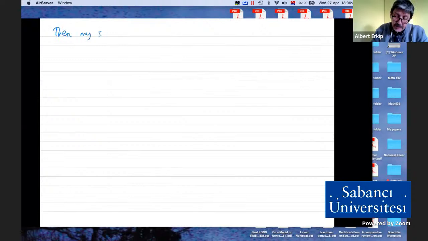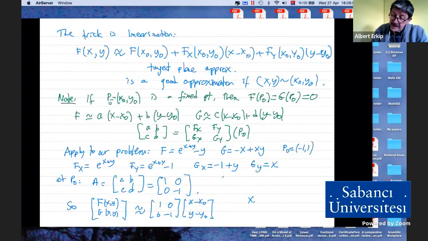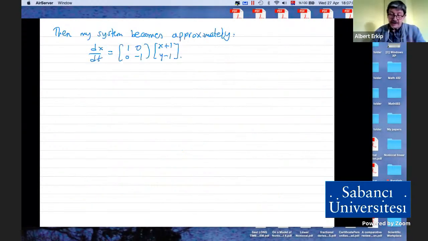My system becomes approximately dx dt equals 1, 0, 0, minus 1 times x minus x0, y minus y0. Now what was x0? Remember x0 was minus 1 and y0 was plus 1. So it's x plus 1, y minus 1. Okay, so this is approximately that.